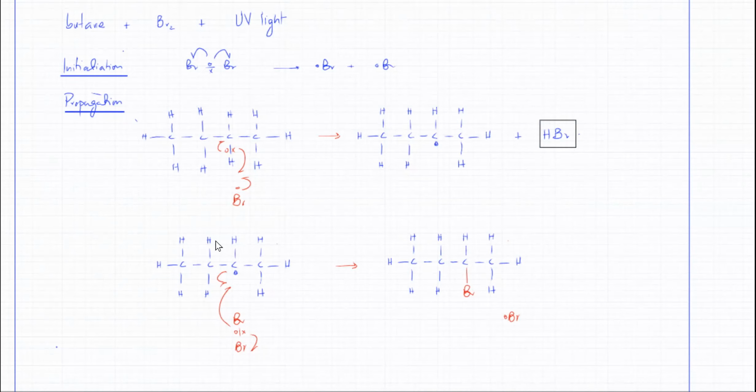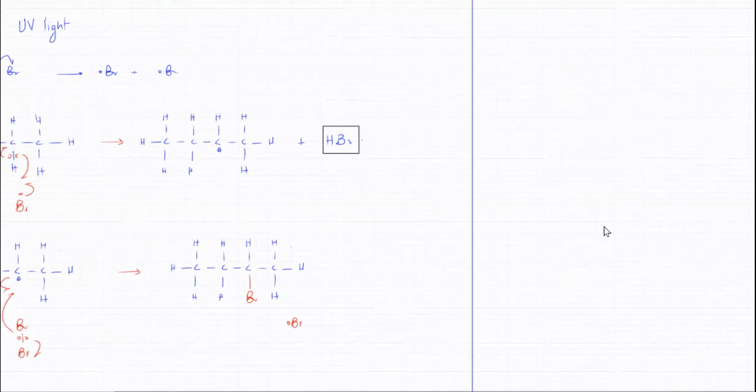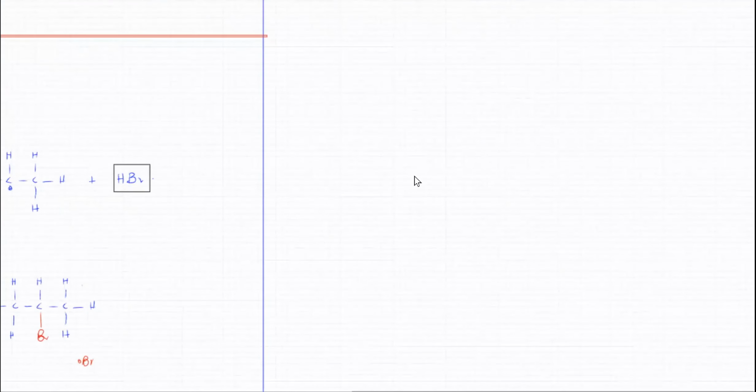Yes, sir. But the thing is, maybe this carbon, like if I draw it over here, somewhere on the side. So maybe this carbon radical is not going to bond with the bromine in the termination step.